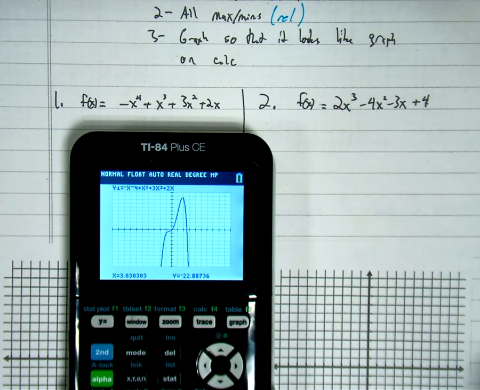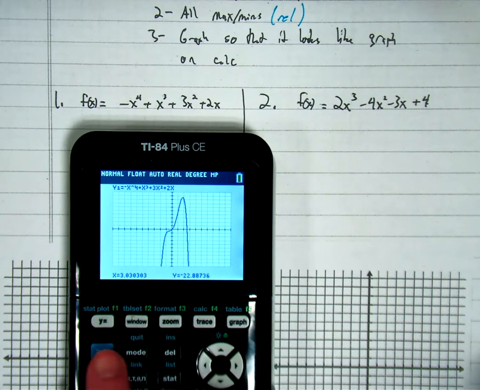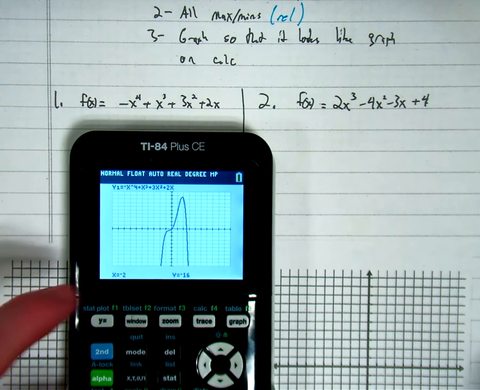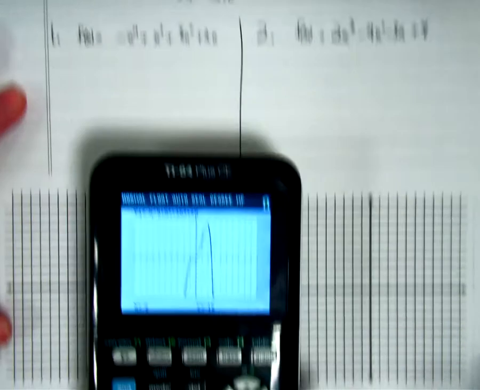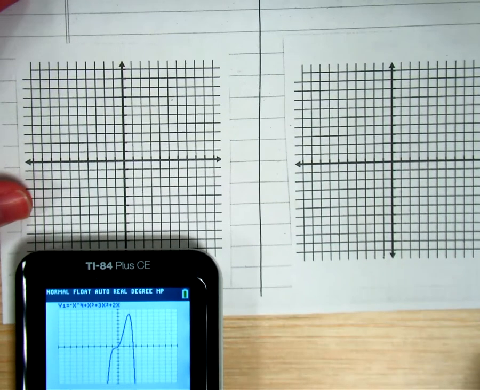I just go from the trace menu, just hit trace, and then I'm just going to hit negative 2, enter, and it's negative 2, negative 16, so it's going to be too far, it's not going to be on our graph.